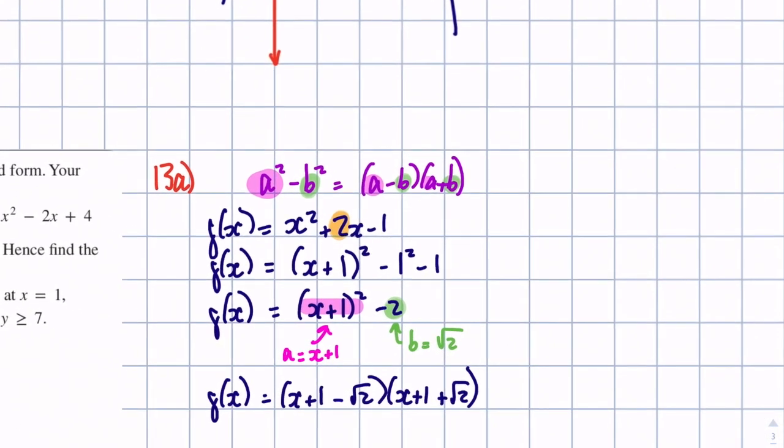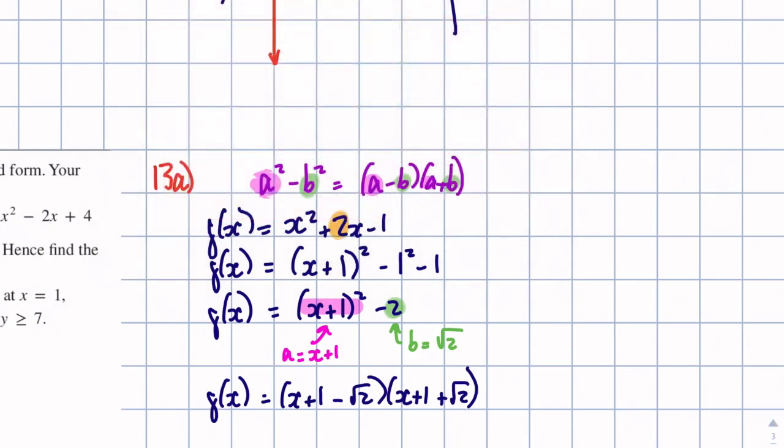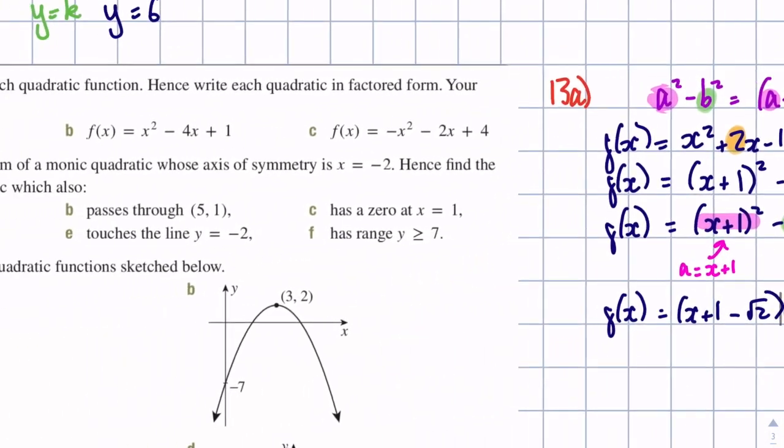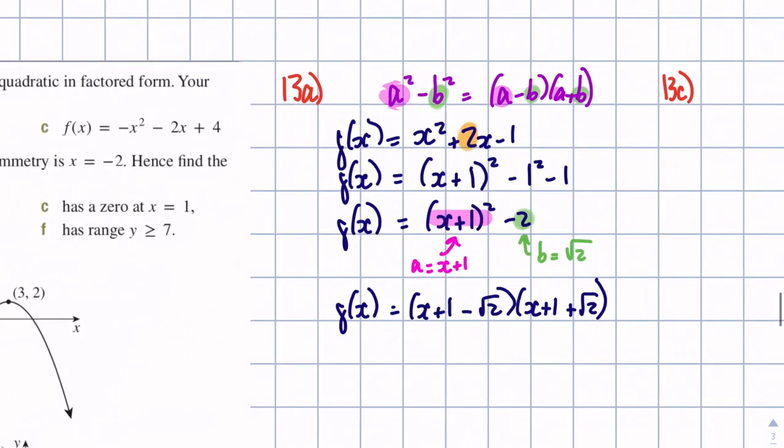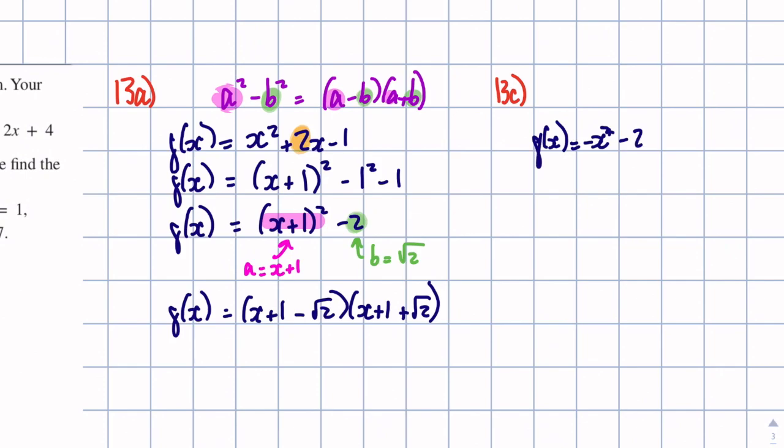Let's have a look at 13c. I think that's harder because we've got a negative out the front. So in 13c, I've got f of x equals negative x squared, take 2x plus 4, and yes, that is supposed to be a squared, I just can't write.